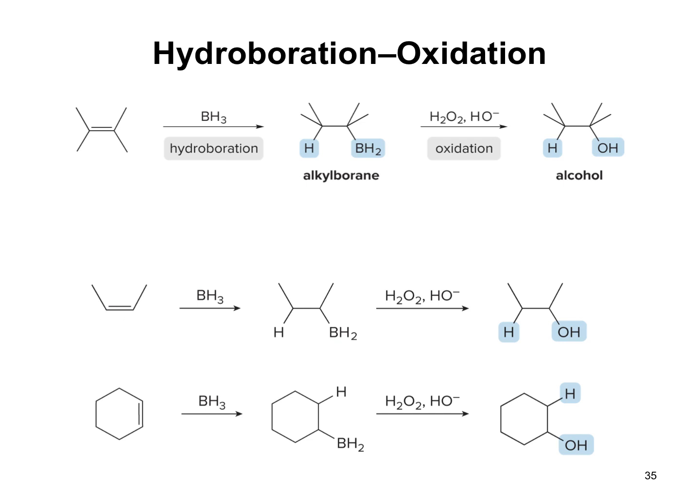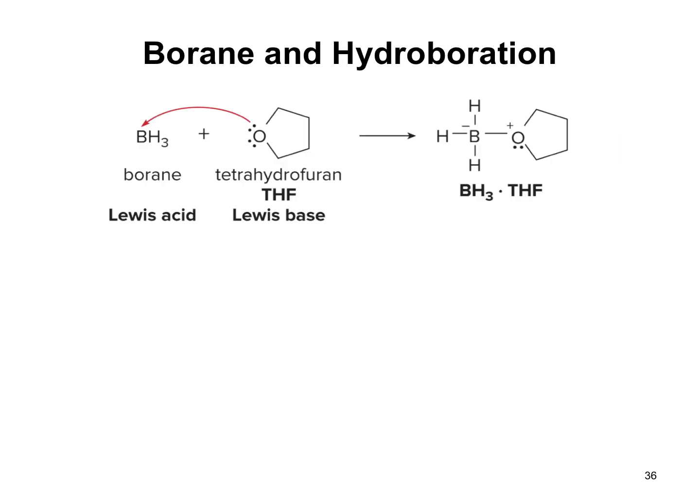So let's talk about borane for just a moment. Borane is a reactive gas that exists mostly as a dimer, which is shown as B2H6. One of the things that you have to recognize is B2H6 a lot of times is just a synonym for BH3.